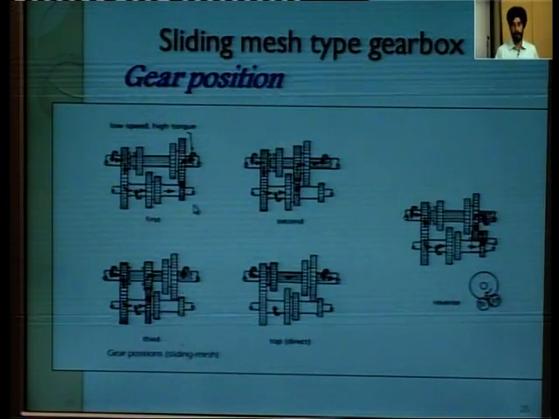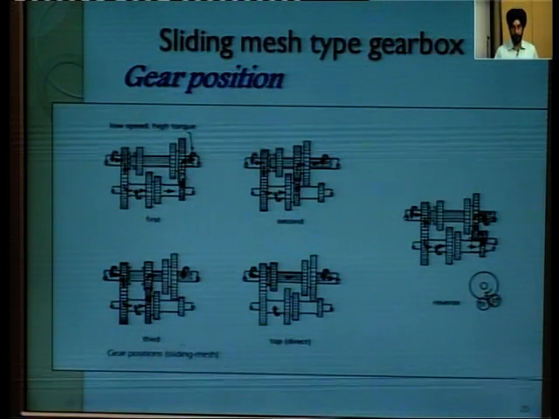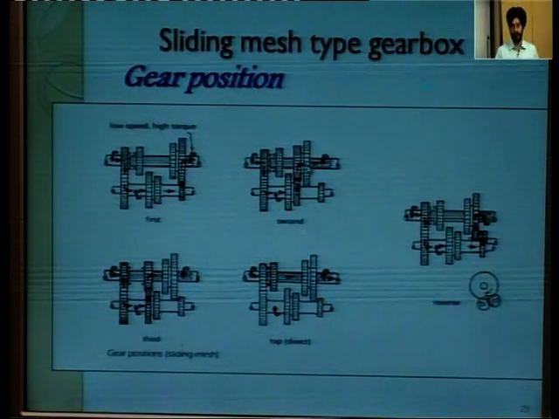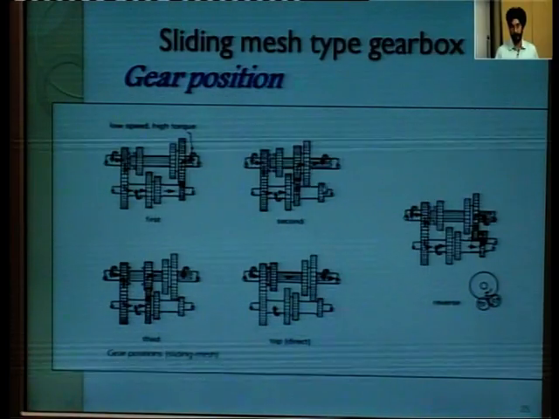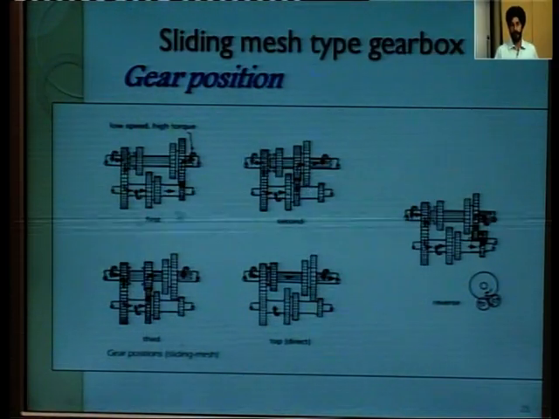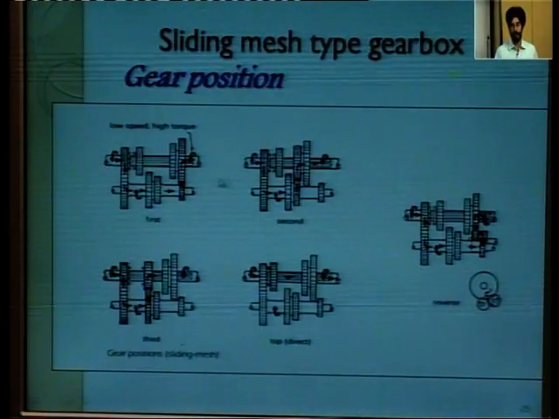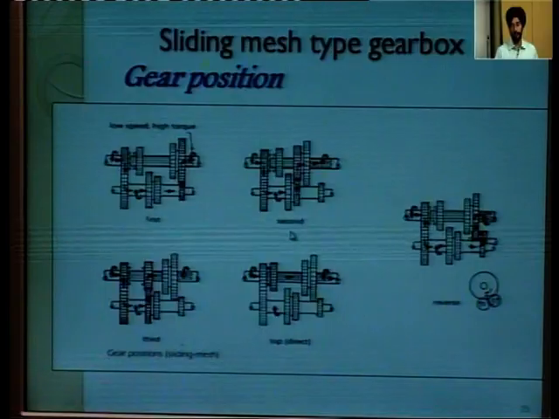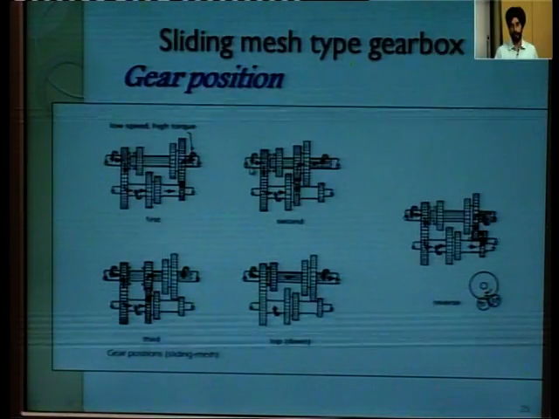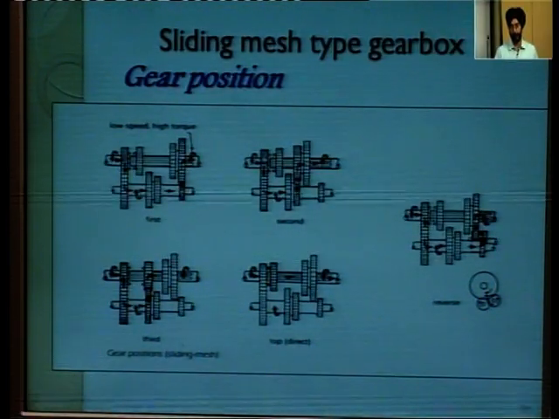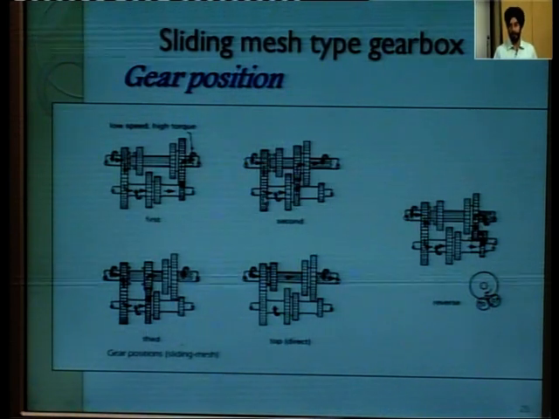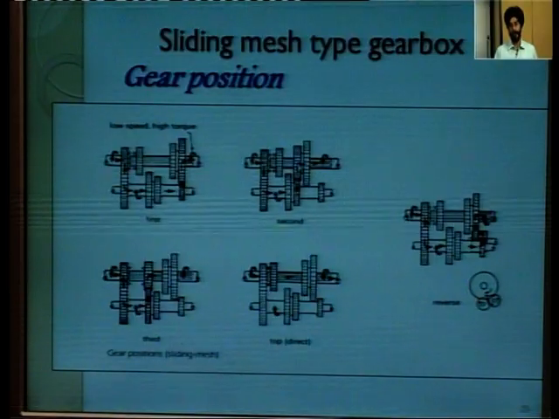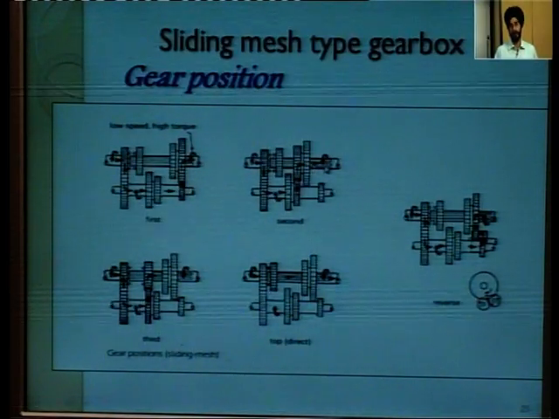So, what will happen when the second gear is engaged? First, this gear will be disengaged. In this condition, second gear is placed, this gear is slid backward from this position, and this gear is slid to mesh with the large second gear. Now, in this case, the power comes from the clutch shaft to the clutch gear, then the lay shaft from this second gear to this gear, and from this gear to the output shaft.